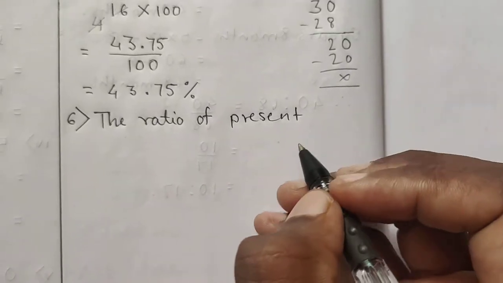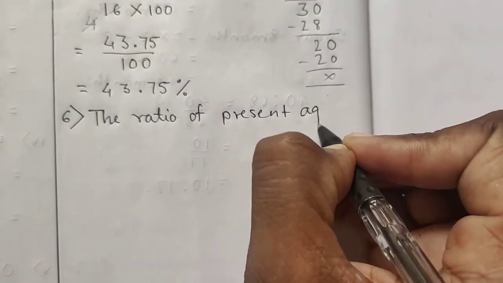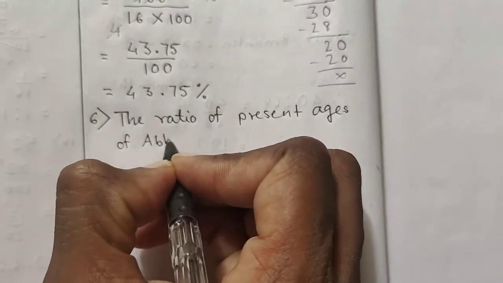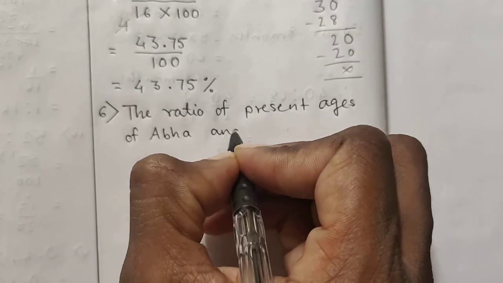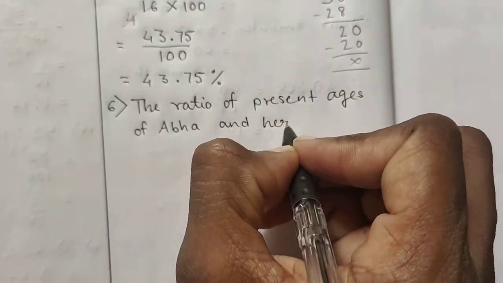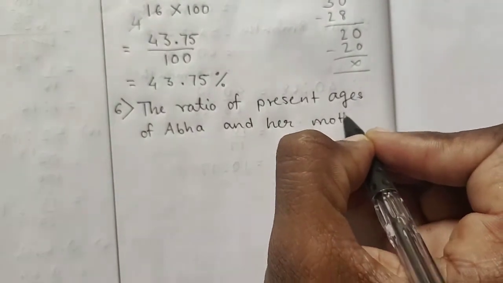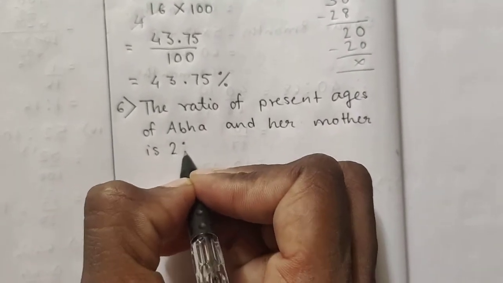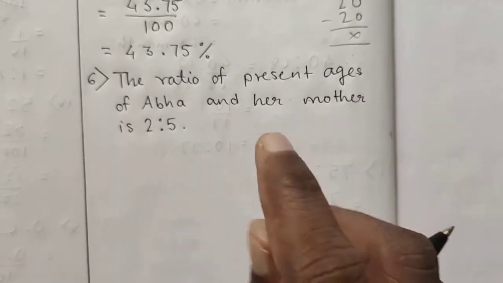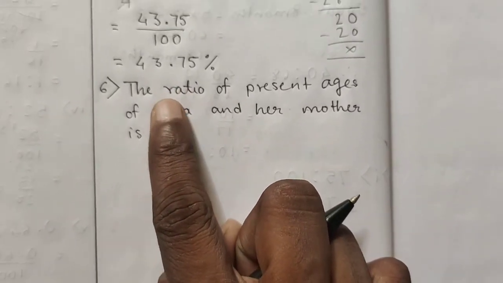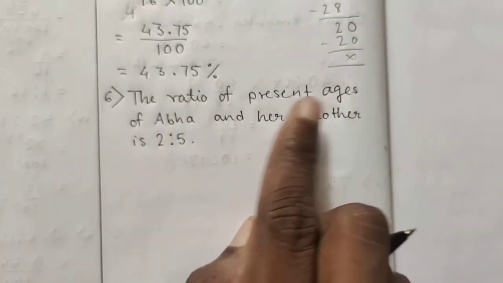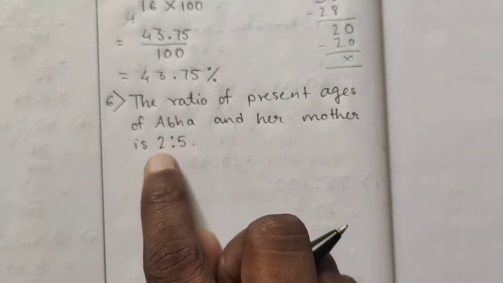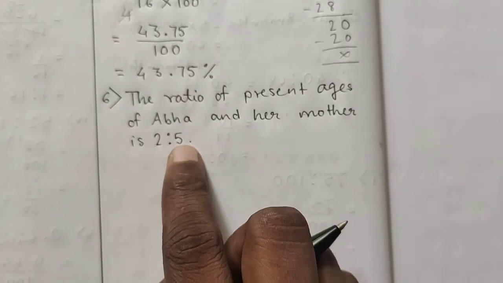The ratio of present ages of Abha and her mother is 2:5, given to you. So what we have written, ratio of present ages of Abha and her mother is what? 2:5. So that means Abha is 2 and her mother is 5.